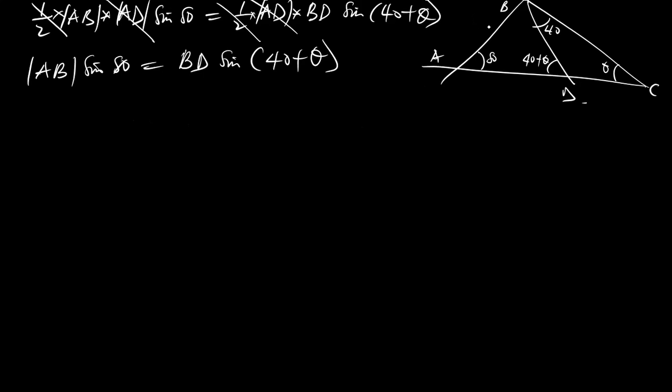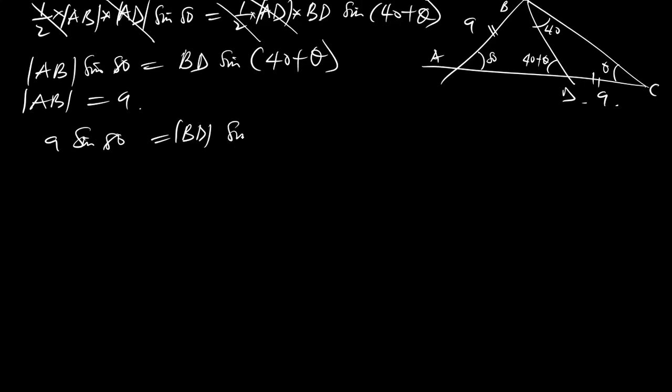Now let's assume this is equal to this. We assume it's A. So that means AB is equal to A. So let's substitute AB as A. So we have A sine 80 equal to BD sine 40 plus theta.